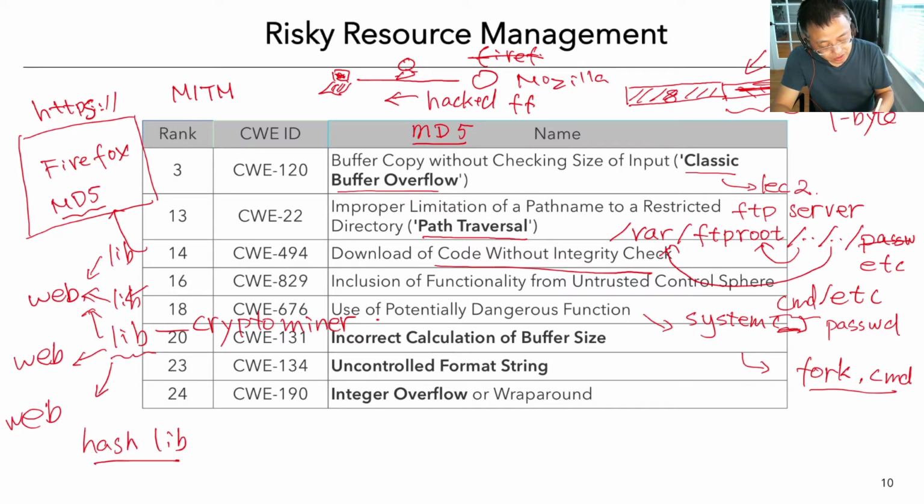There is also incorrect calculation of buffer size. This is often an off-by-1 kind of vulnerability, right? So this is common in C, where a string actually ends with a 0.